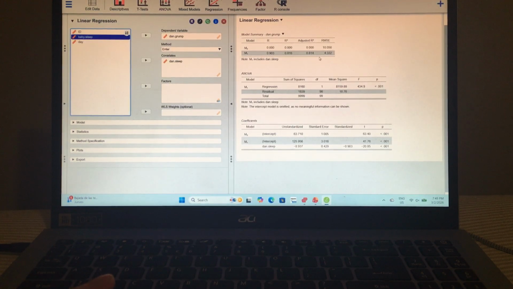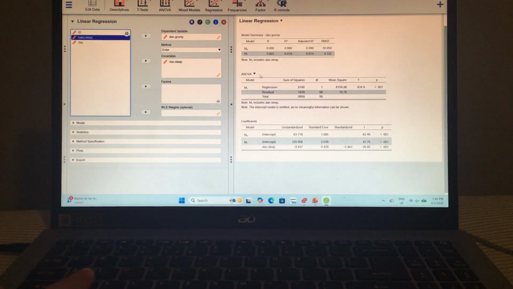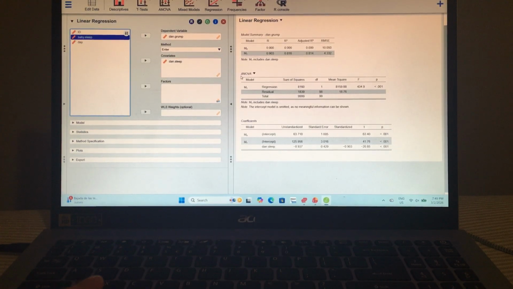Then it's giving us something that we haven't talked about yet, this ANOVA. There's a regression and a residual and a total. This one they rounded to 8160. This one they rounded to 1839. The total is 9999. And then the degrees of freedom 1, 98, and 99.